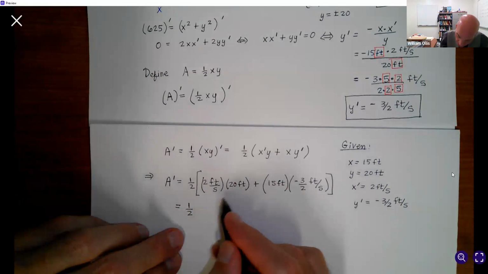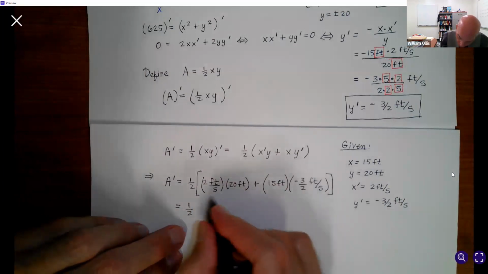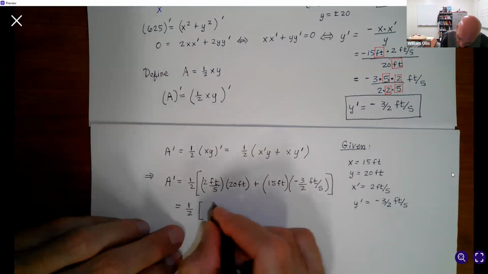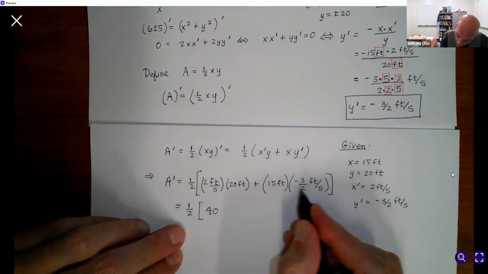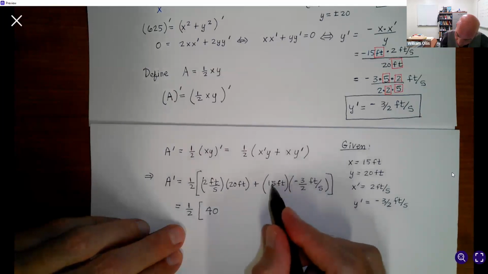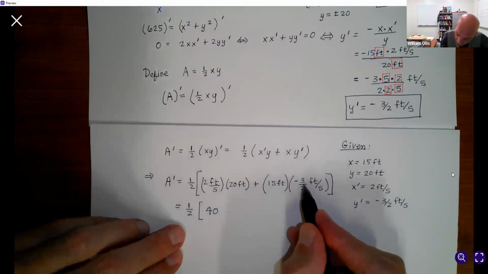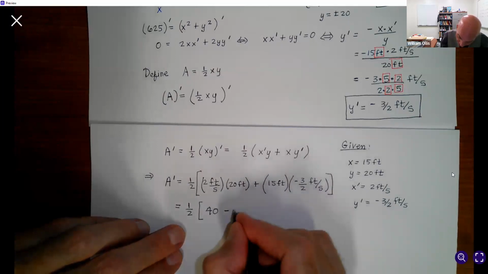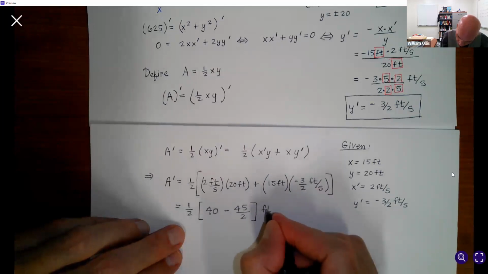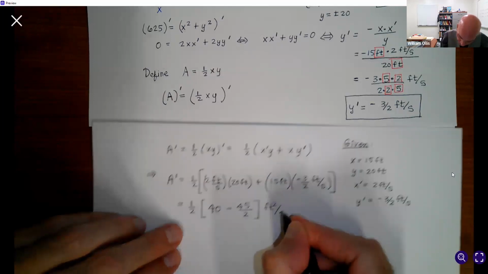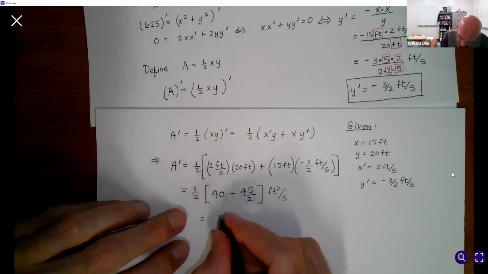So notice first, we just have 2 times 20, which is 40. We could factor, but we're okay with that. So we have 40, and then here we've got 15 times negative 3, which gives us negative 45 divided by 2. And of course, this is square feet per second. So now we can just get a common denominator.